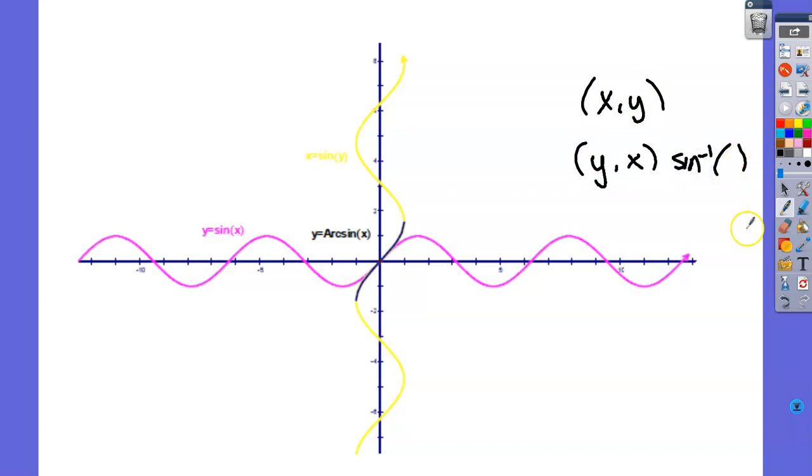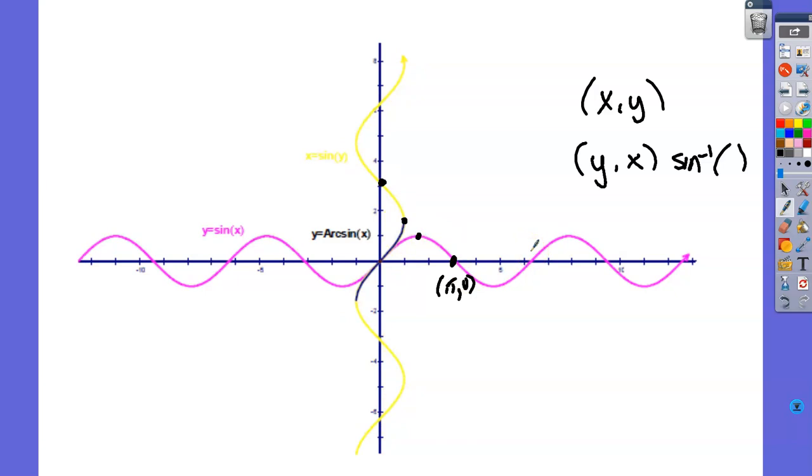If I'm graphing sine inverse, notice this point, which is pi, 1, for example, now becomes 1, pi. This point on sine, which would be pi comma 0, would now become 0 comma pi. And so on and so forth. So I could graph the inverse pretty easily by just switching the graph of the original.